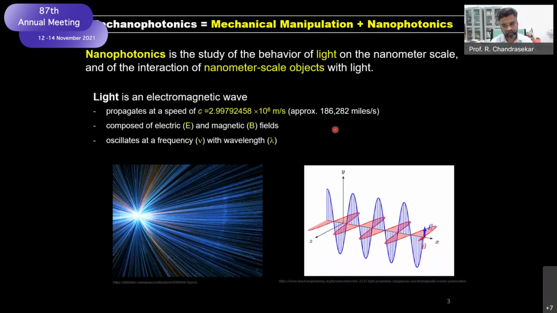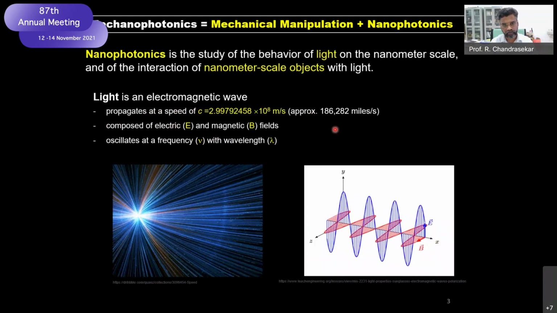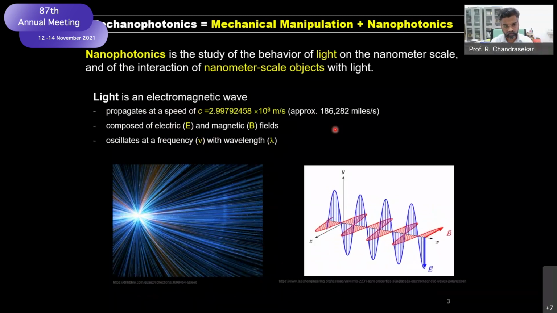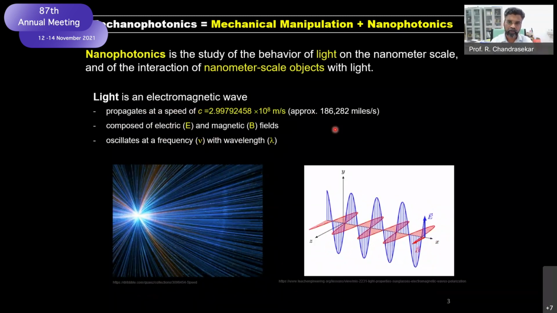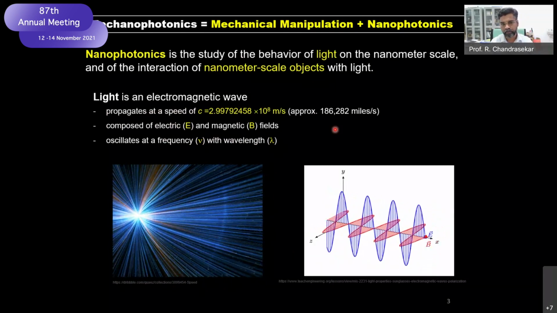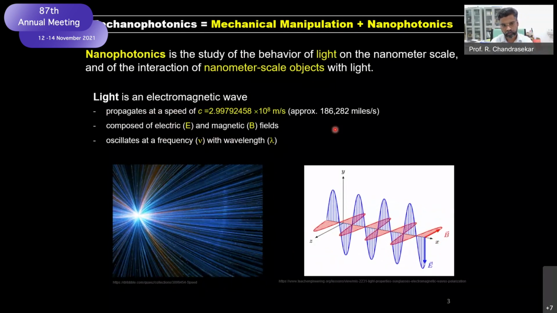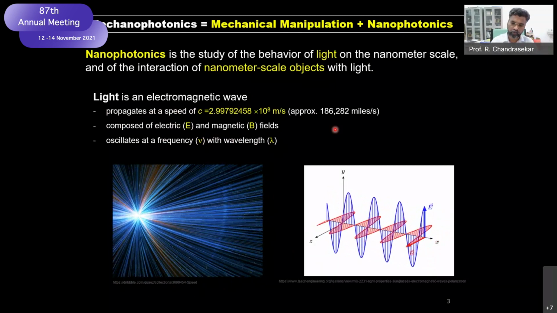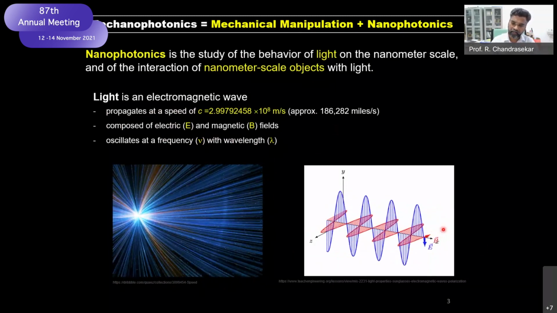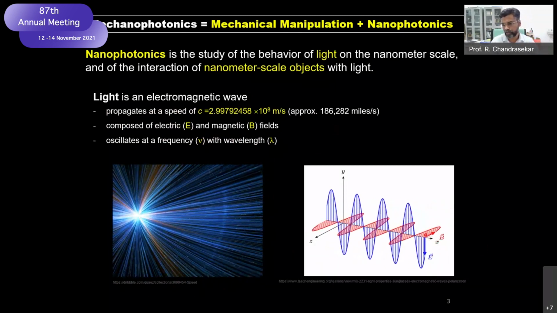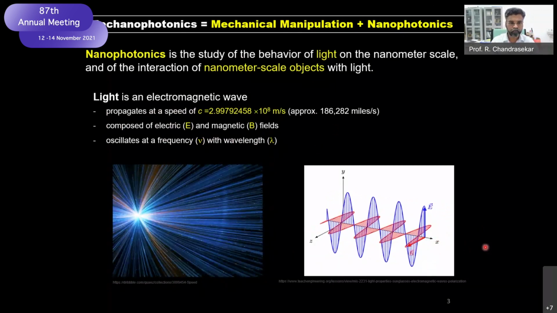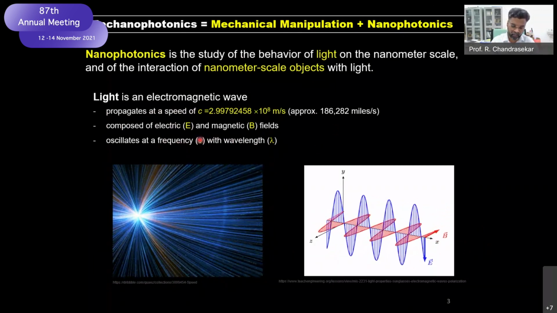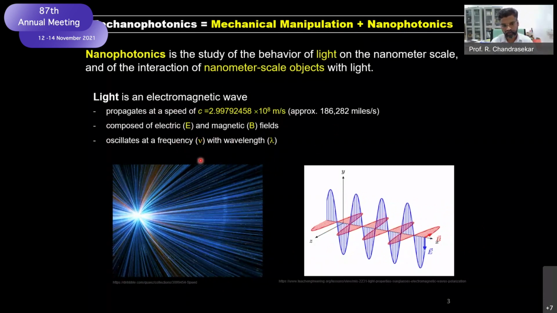So what is light? We all know light is an electromagnetic wave which propagates at approximately 186,000 miles per second. That's the speed of light. Light is composed of oscillating electric and magnetic fields, which are perpendicular to the propagation direction, and the oscillation frequency determines the energy of the light.